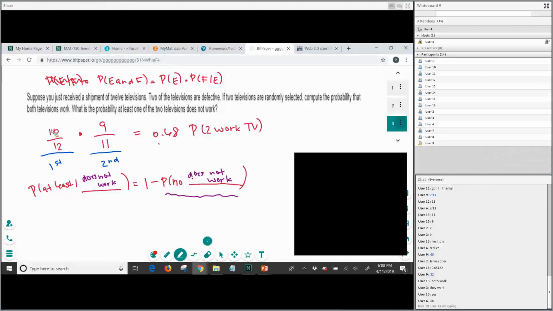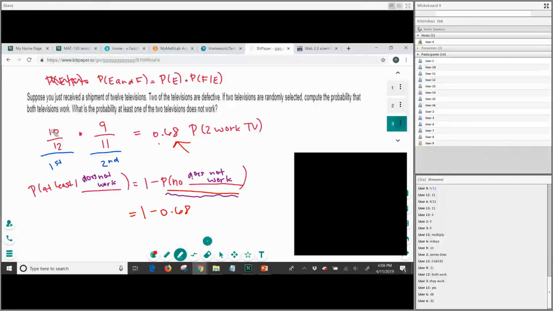Well, do we know the probability that they both work? What is it? Yeah, it was this one, right? This was the probability that 2 televisions work. This phrase right here is the same thing as saying they both work.